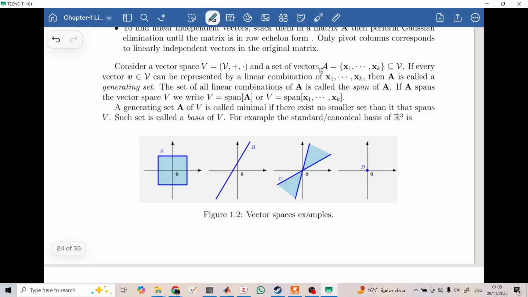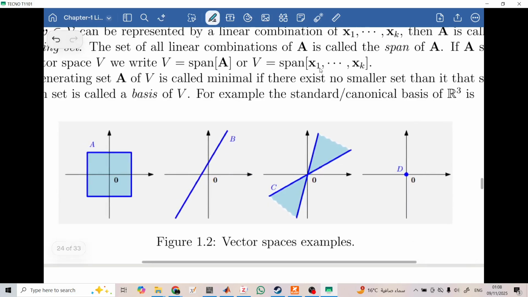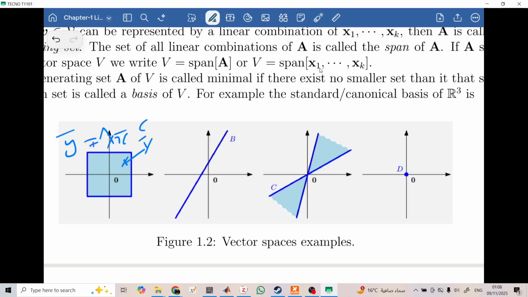Because let's say we take a vector here, call it x. Multiply x by lambda, where lambda is 10, so it becomes here. Let's call this y. Obviously y does not belong to A, hence it's not closed under scalar multiplication, so it's not a subspace or a vector space in the first place.